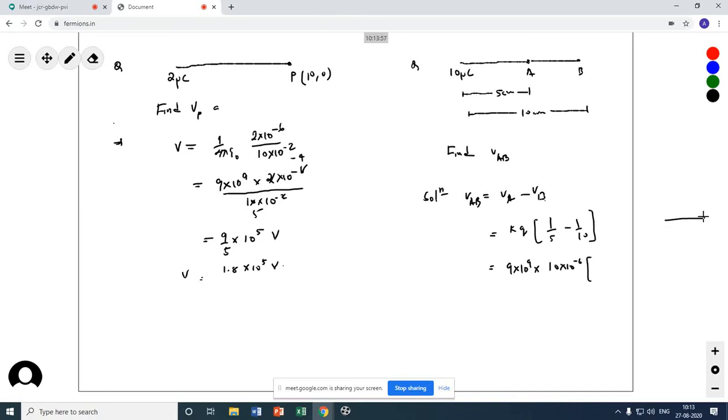If I take the LCM, 10 is the LCM. So 2 minus 1 is 1 by 10, so 1 by 10 into 10 to the power minus 2. This one is cancelled again. That gives me minus 4, and 10, 10 cancel. So we are left with 9 into 10 to the power 9 minus 4, that is 5 volt. So VAB is this much volt.